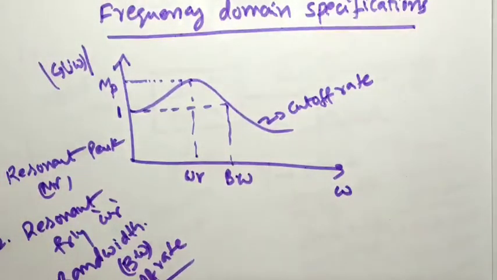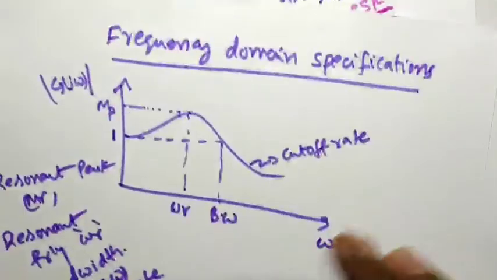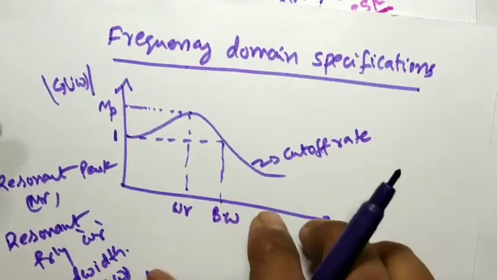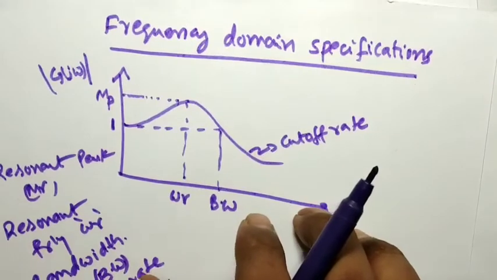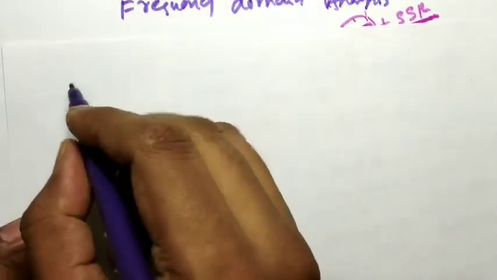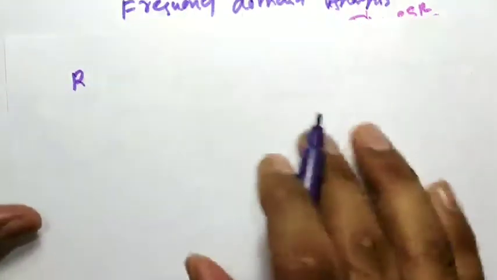You just see that, what is MR? If you just see here, what is MR in this diagram? So MR indicates the relative stability of a stable closed loop system. Here the MR is the resonant peak.